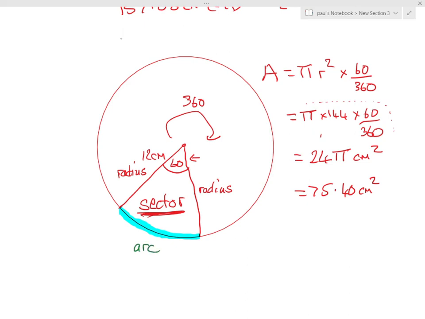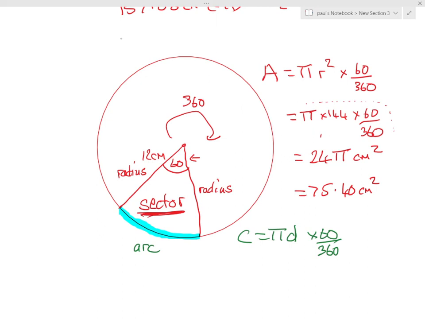Now, if we want to find out the length of that arc, we go back to the circumference equals pi d. That will find all the way around, and then again we just multiply that by 60 over 360, and the diameter is double this, which is 24.